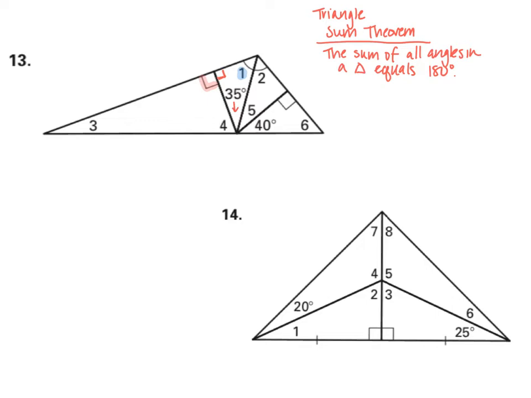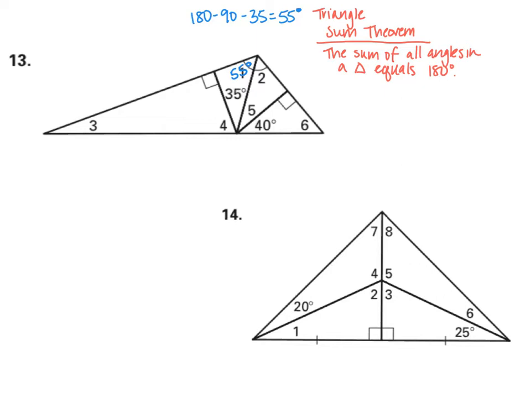So if we want to find the missing angle, we just have to do 180 minus 90, because this angle here is 90, minus 35, and that gets us 55 degrees, which is angle 1. So I'm just going to fill that in my picture.